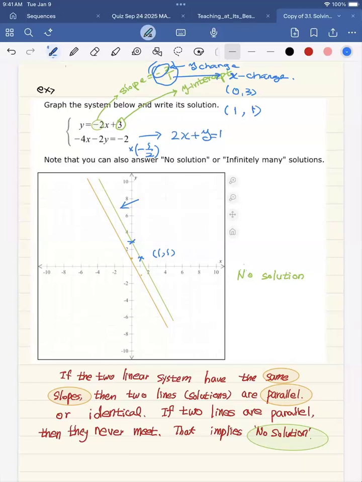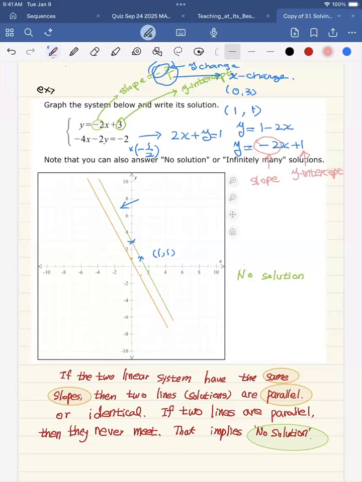So when we solve for y, that is y equals 1 minus 2x, we can rewrite it as y equals negative 2x plus 1. So what is the slope? Slope is negative 2, the same as the first one, but the y-intercept is 1, so that's different.